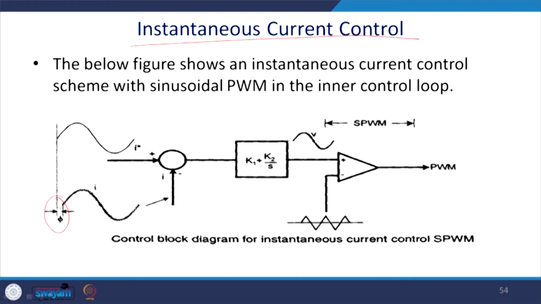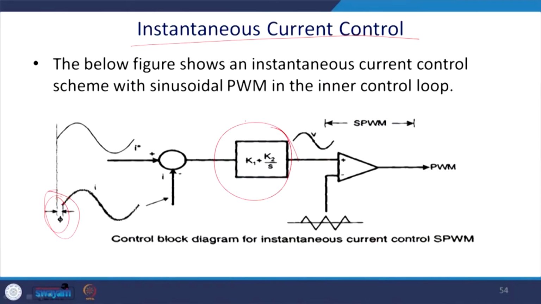This current will be compared here, and ultimately since you have started with a delay, you get an effective history and thus a steady state error. You require to eliminate the steady state error, and for this reason we require to design this PI controller.